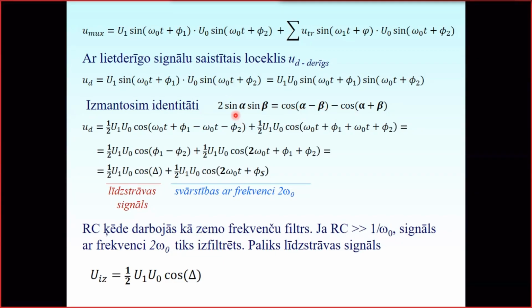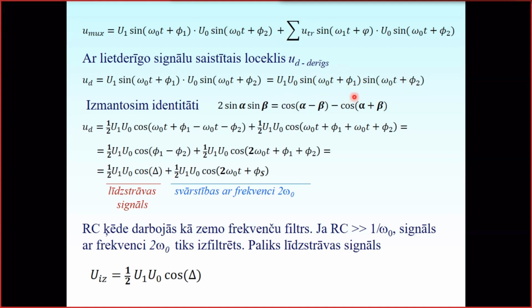If I multiply sine alpha by sine beta, I may transform it into one half of the cosine of the difference between alpha and beta minus one half of the cosine of the sum of alpha and beta. Now my useful signal is equal to the multiplication of the unknown amplitude of the useful signal, the known amplitude of the reference signal, and oscillation with frequency omega 0 shifted by phase phi1 and shifted by phase phi2.